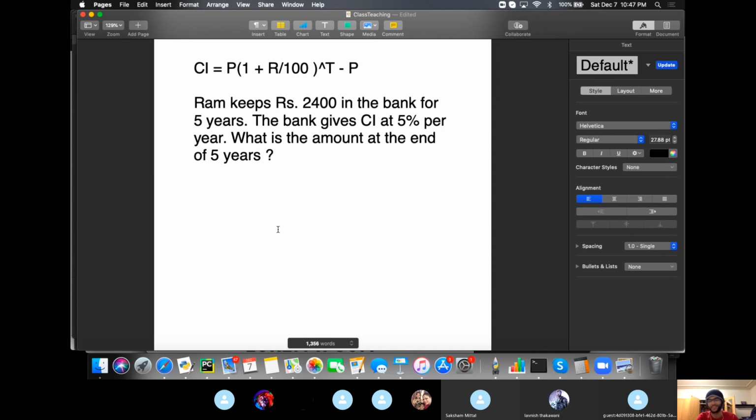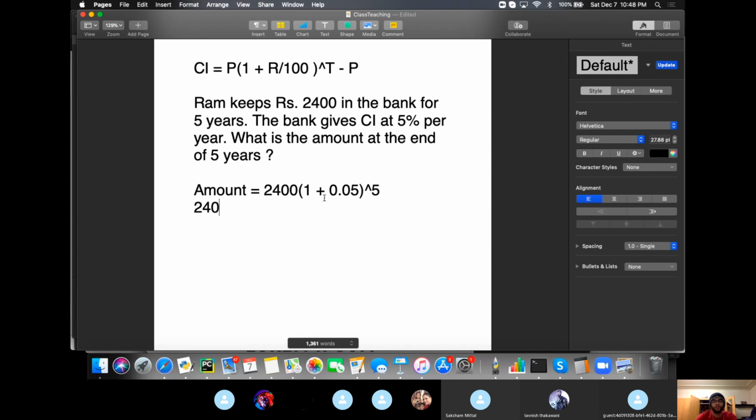It's compound interest, but we don't want compound interest, we want the amount. So we can just use the same formula and not do the subtraction by P. Amount will be equal to 2,400 multiplied by 1 plus r, which is 5, so 5 divided by 100, which is 0.05, whole to the power 5.